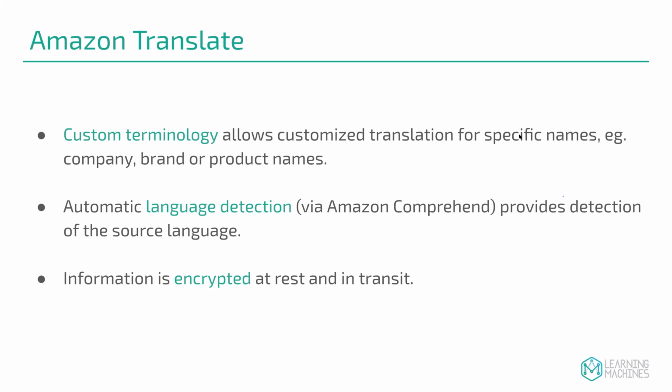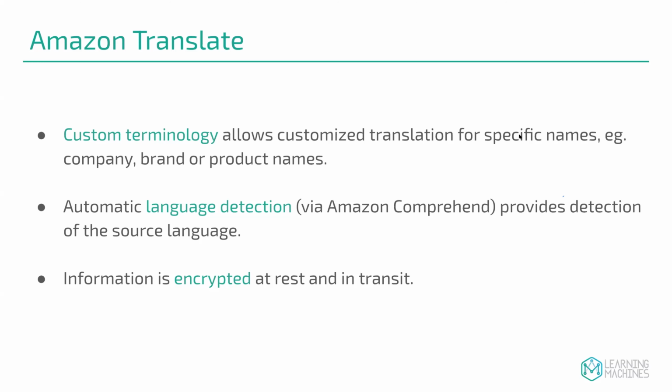It also gives you the ability to automatically detect the language in which your text was provided. So if you think about a use case like someone writing something in a language that you do not recognize, you can use Amazon Translate to automatically detect the language and then translate it into your target language.